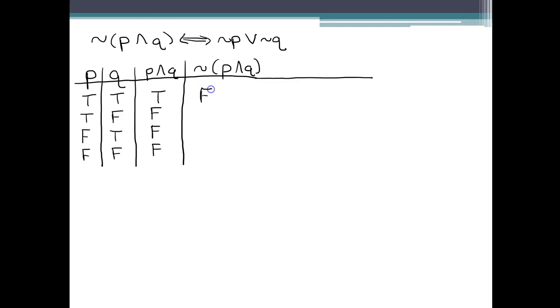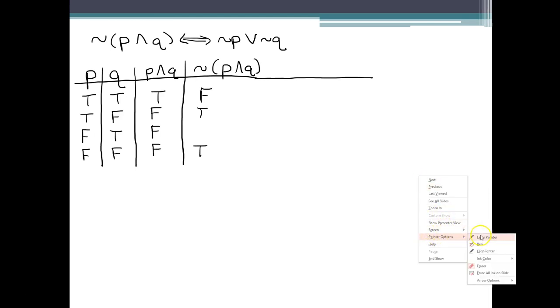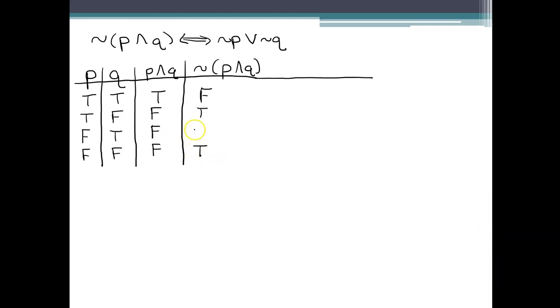So false, true, true, true. That looks like an F now because I messed up. Let me erase that and rewrite it as a T. Okay, so that's the final column for that statement.